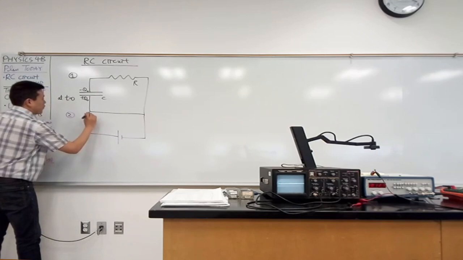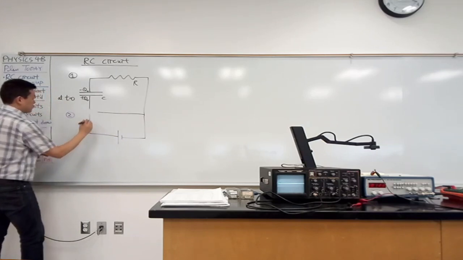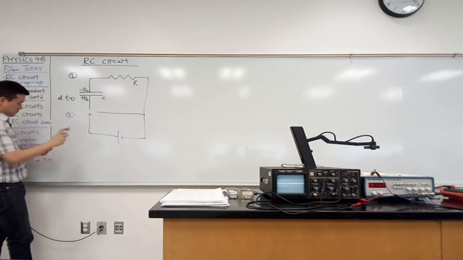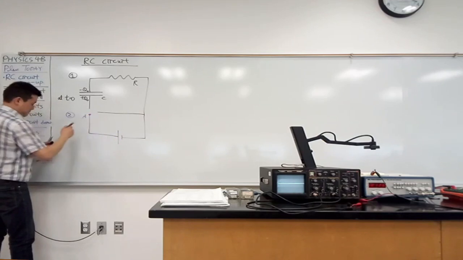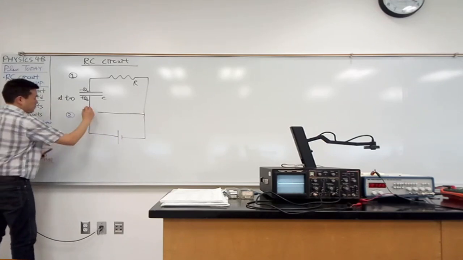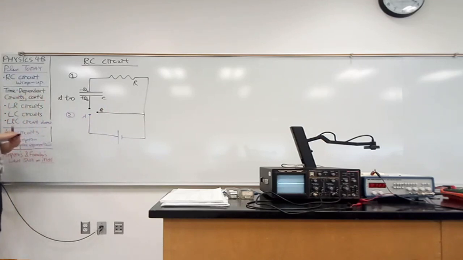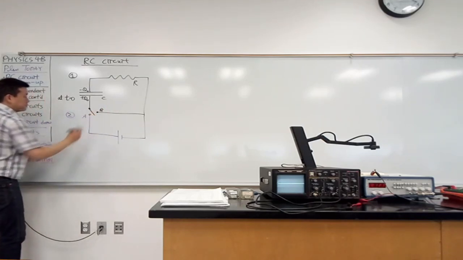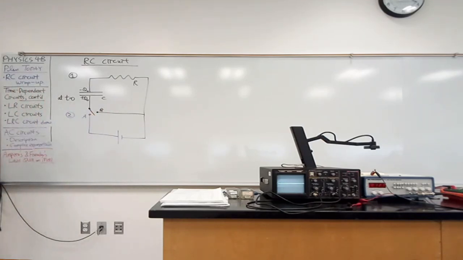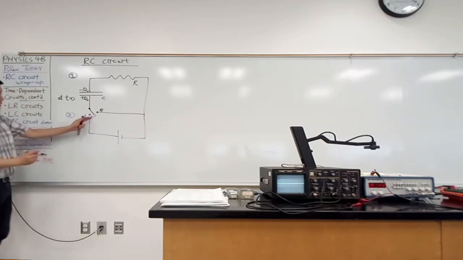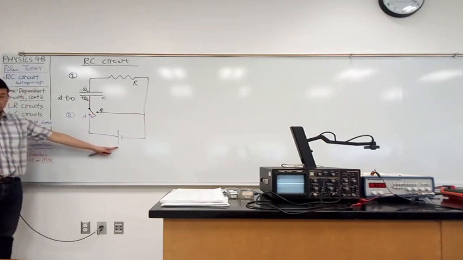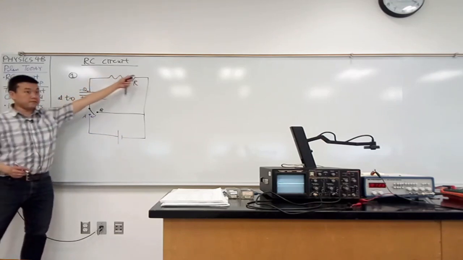And what I am going to have here is a switch network. Let me call this point A. Call this point B. And I have a switch between them. So when this switch is closed to A, that's when this battery will charge up this capacitor.